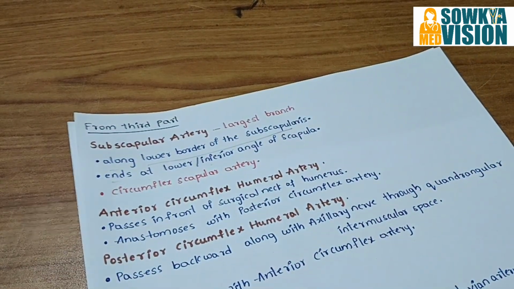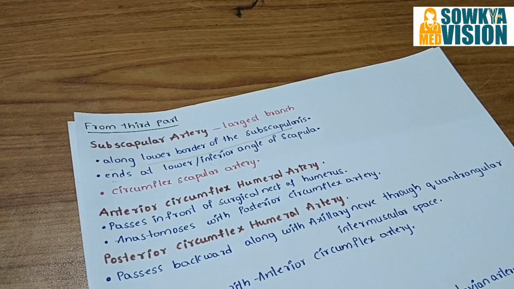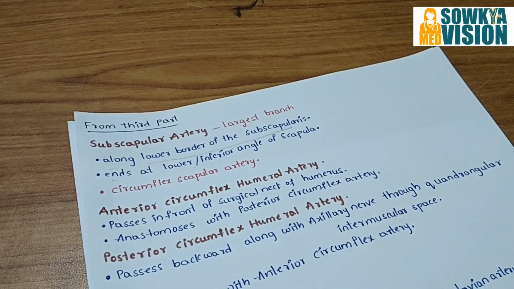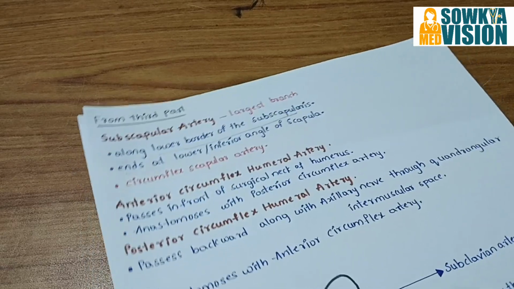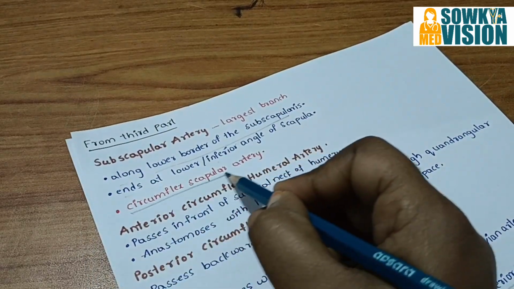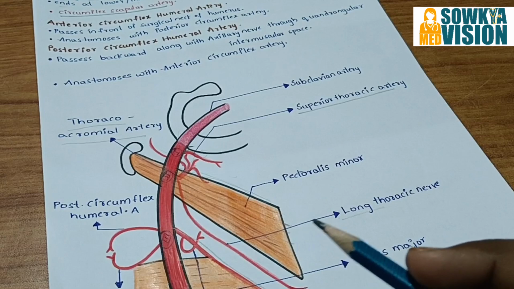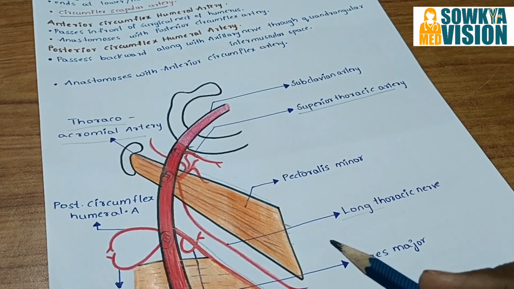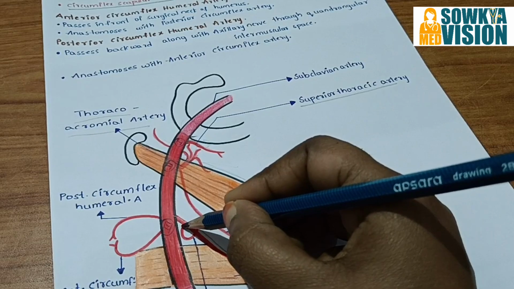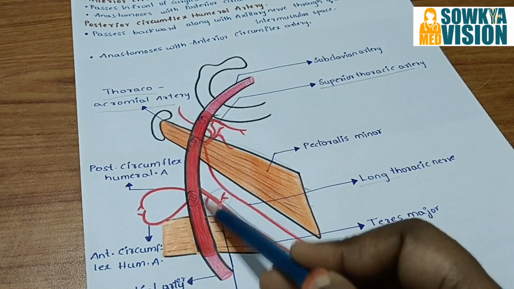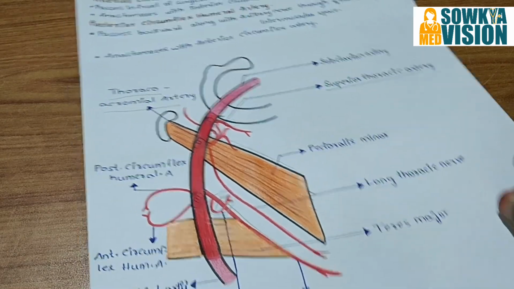The scapula has 3 angles: superior, lateral and inferior. The subscapular artery has a main branch, the circumflex scapular artery.